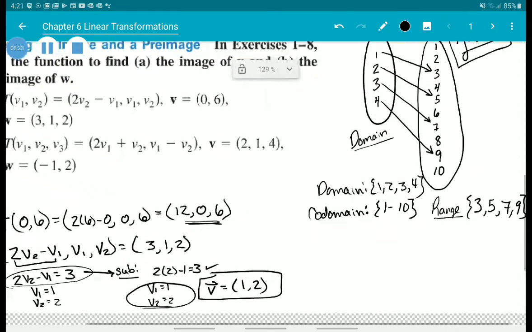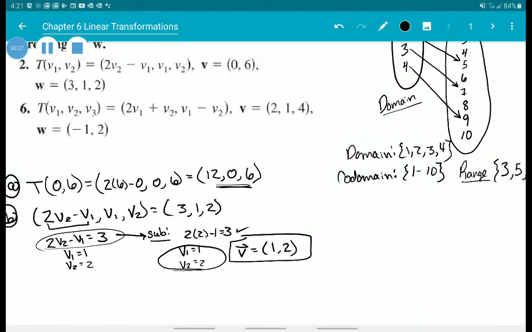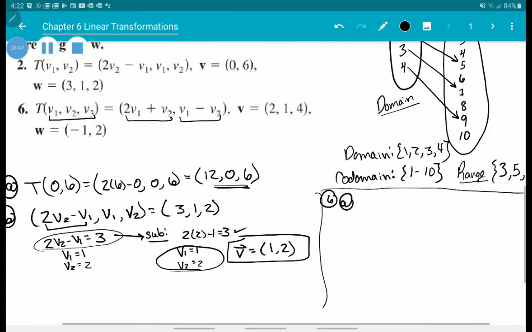Let's look at number 6. So look what's going on here. We have a transformation in R3, and we are going to something that is in R2. A is asking us for the transformation of 2, 1, 4.